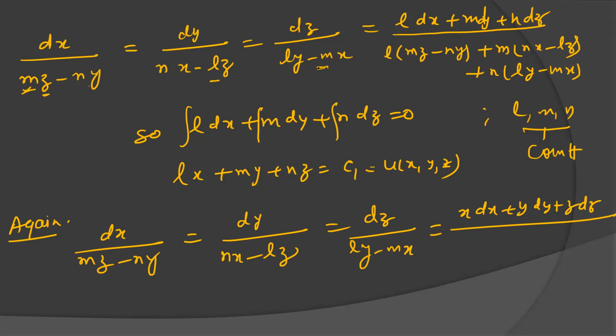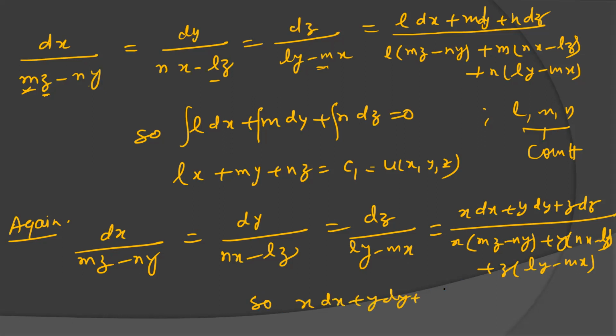If you multiply x here and z here and add, you will get 0. So it is x times mz minus ny, plus y times nx minus lz, plus z times ly minus mx. The denominator is 0. So x dx plus y dy plus z dz equal to 0.